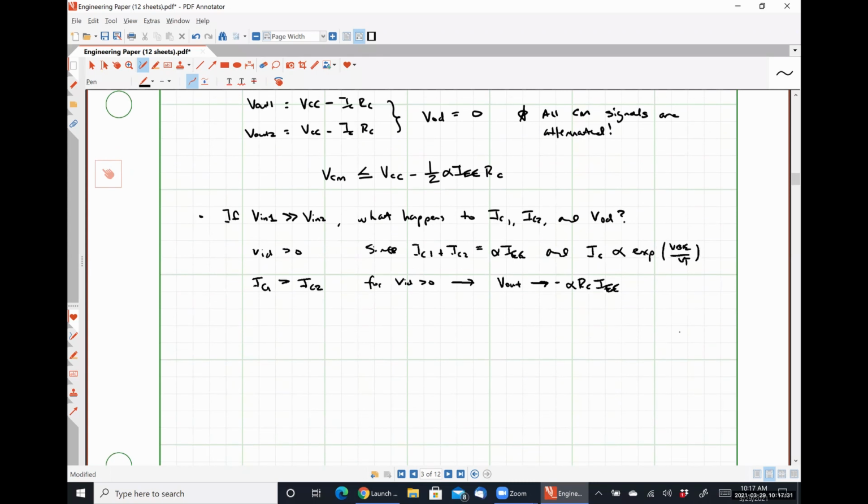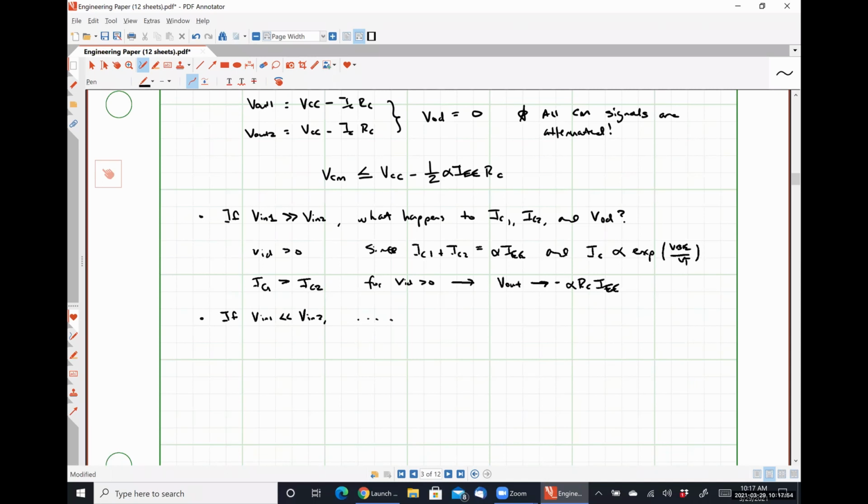Conversely, if we have VN1 significantly less than VN2, what happens? Well, now it's going to be the exact opposite thing, right? Transistor Q2 is going to be carrying almost all of that tail current IEE.